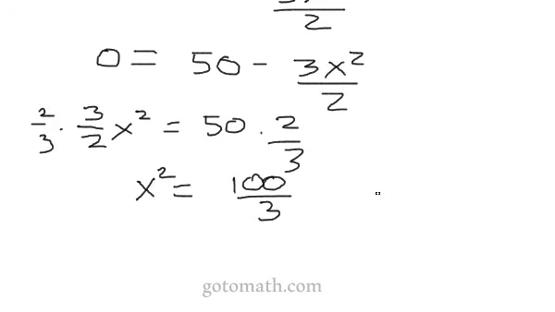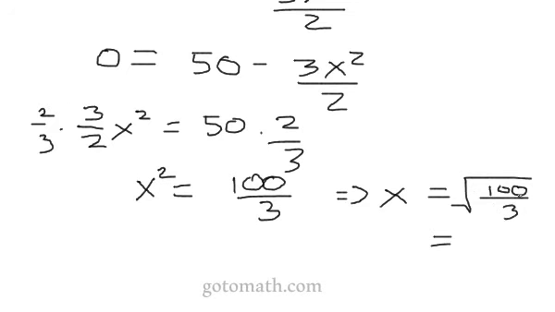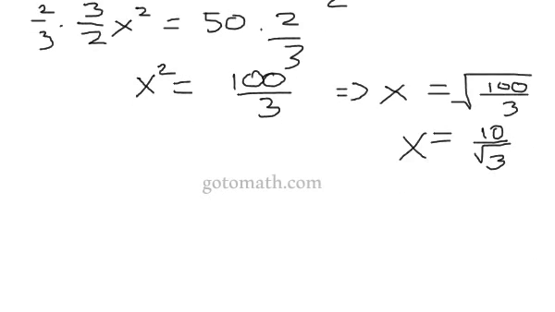Now you're going to want to square root both sides. I'm going to go ahead and rewrite this over here. So x is equal to the square root of 100 over 3, and the square root of 100 of course is 10, and once again we can rationalize this denominator, so we end up with 10 square roots of 3 over 3.